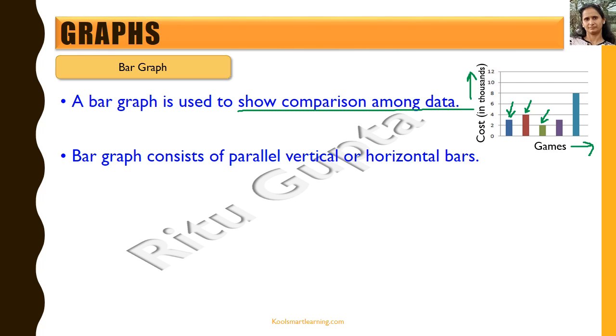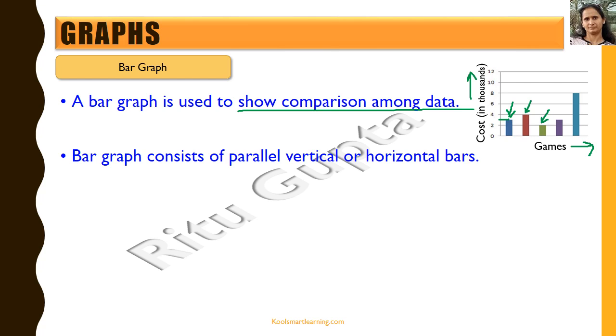Then we can compare the cost involved in these games by looking at these bars. For the first bar the cost is 3000. For the red one the cost is 4000. For this green one the cost is 2000. So we are able to compare the data using bar graphs.